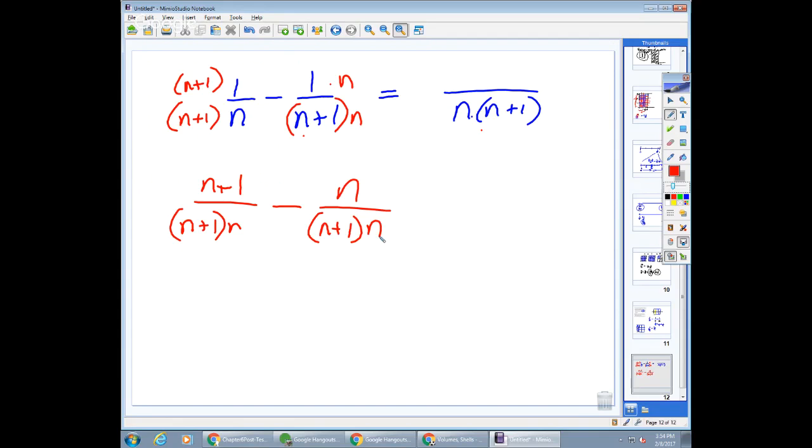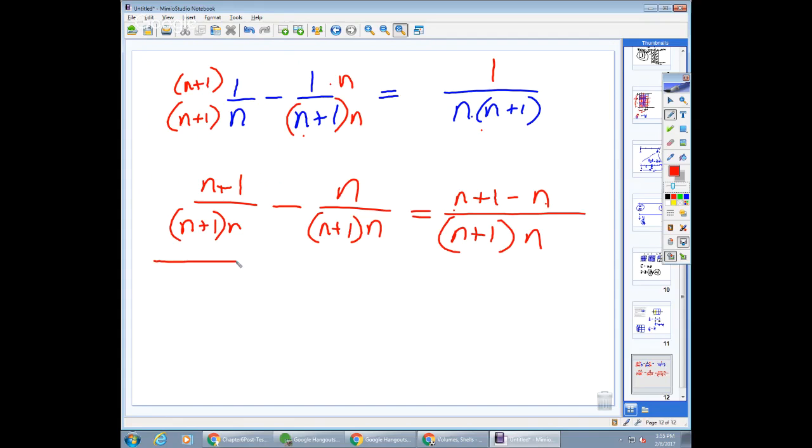So now I have a common denominator. I can just combine the numerators. So the answer's got to be n plus 1 times n in the denominator, and in the numerator, I have n plus 1 minus n. Does the numerator clean up a little bit? Yeah, I've got an n minus an n, that cancels. So this must add up to 1 over n times n plus 1 in the denominator.